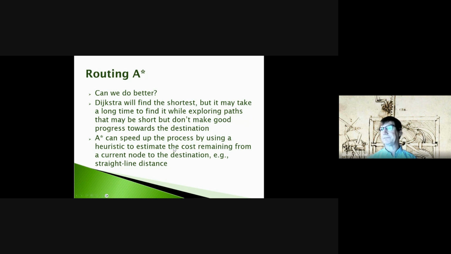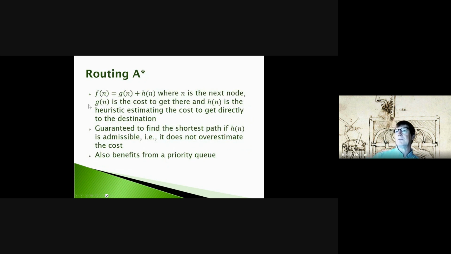It's not necessarily the solution. So we can look at this mathematically, where f of n now is our total estimated cost at this step n. And G of n is the cost to get to that next node, where n is the next node. And H of n then is a heuristic estimating the cost to get directly to the destination.